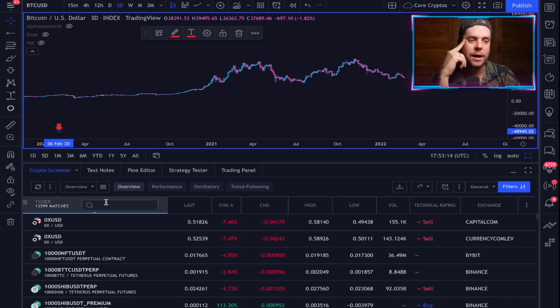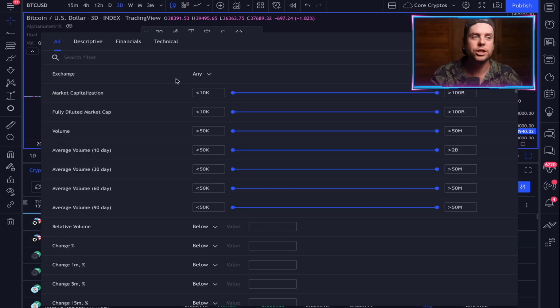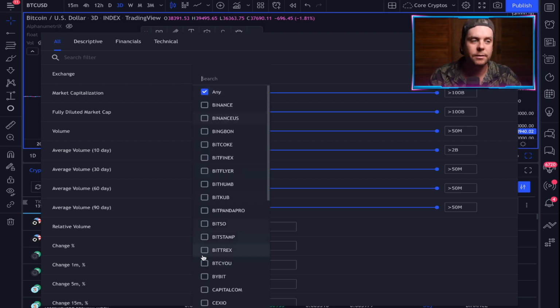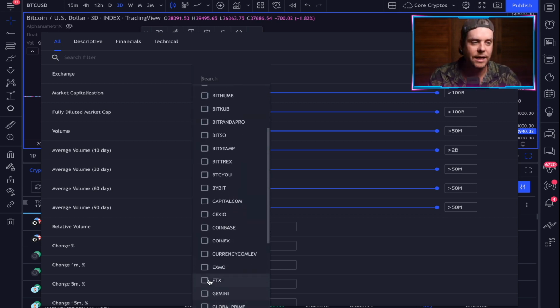Okay. Then I'm going to go over to my filters and change the exchange from any over to FTX. Now, this specific technique does not work with a lot of crypto exchanges because a lot of them count the volume in the asset itself.